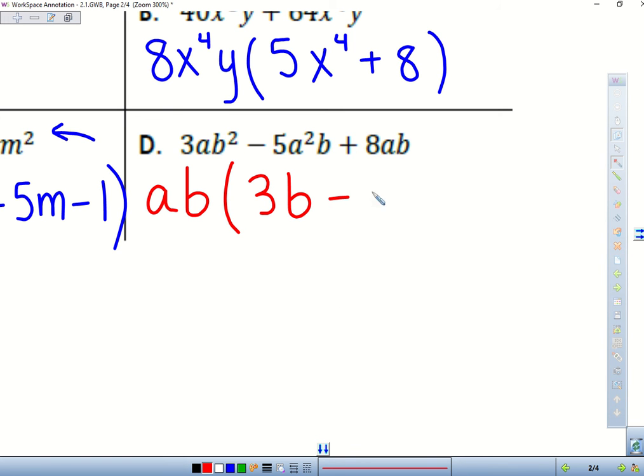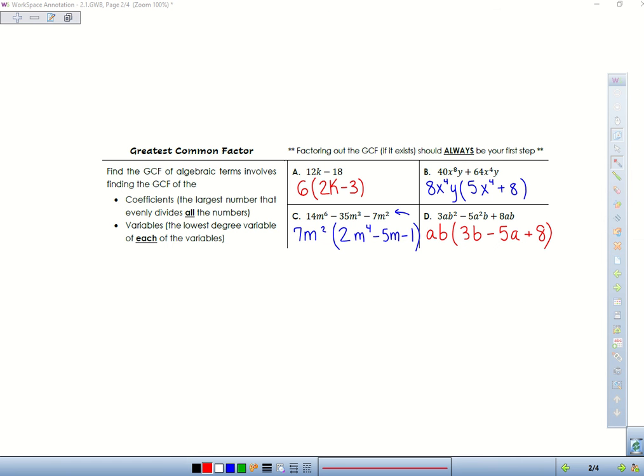Yep, there's 2 b's minus 5a plus 8. Does that make sense? So does anyone have any questions about that? Anyone have any questions about A through D? Are we good to move on to the next slide?